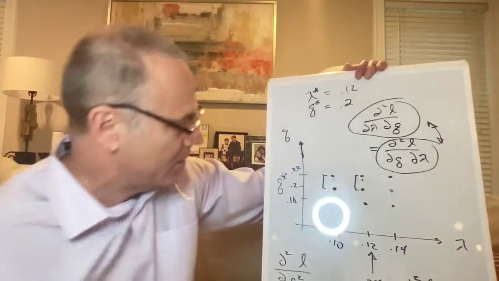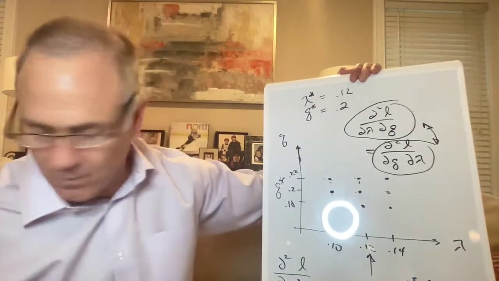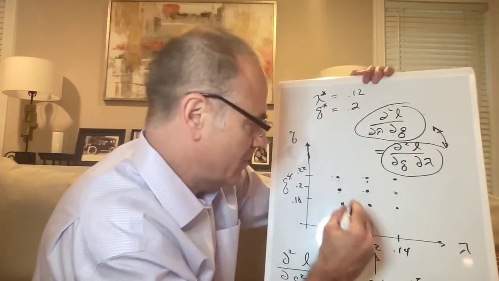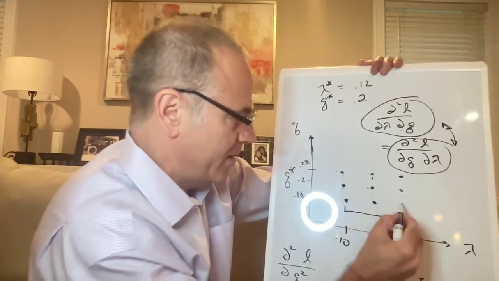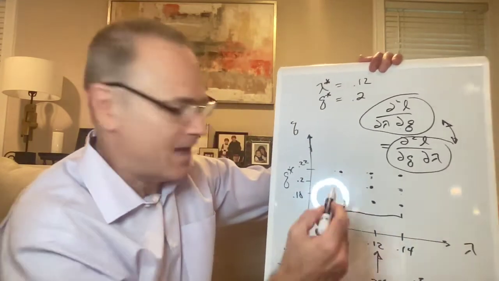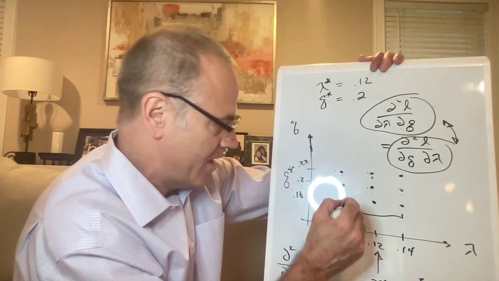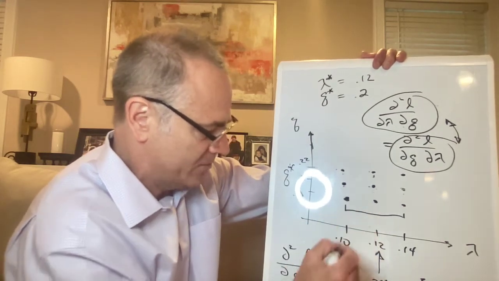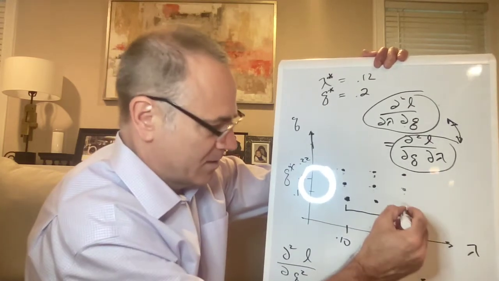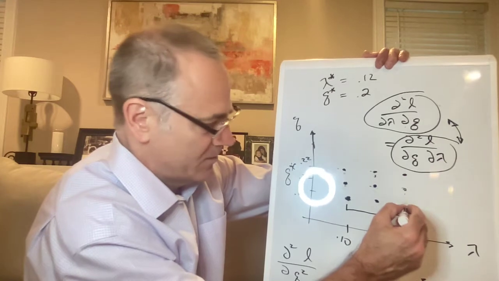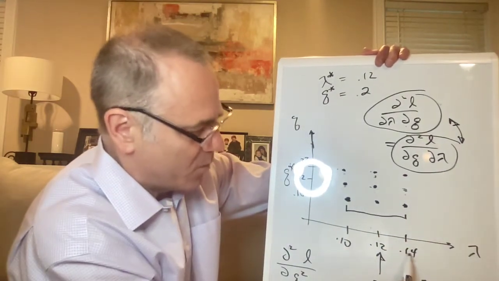By the way, you could also do it this way. This might even be a little more accurate. Take the derivative when you go from here to here. And don't forget, when you're taking the value of the log likelihood for these values of lambda and Q, you've increased lambda by 0.04.